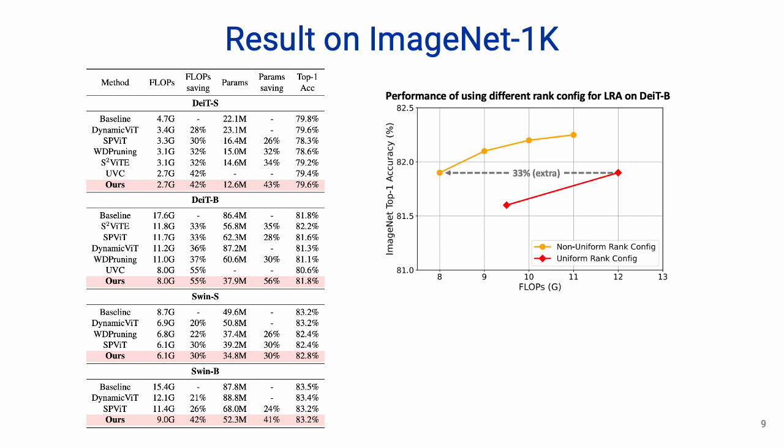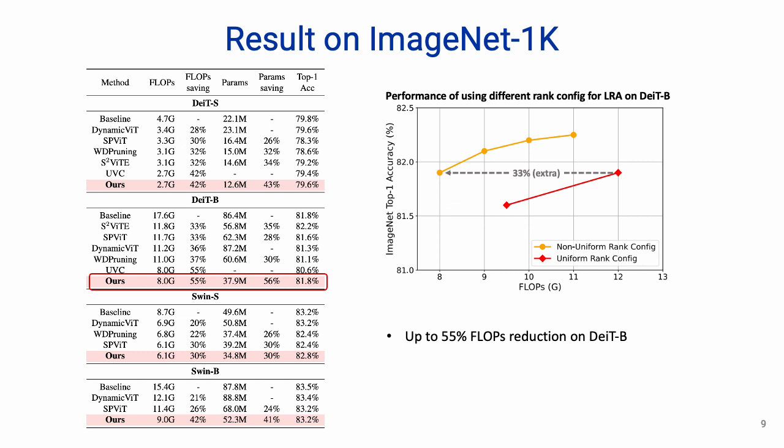Also, in the table on the left-hand side, we compare our FLORA methodology to various kinds of compression methods, including token pruning, structure pruning, and also multidimensional pruning, which jointly considers various kinds of compression targets in a transformer. From the table, we can see a comparable or even superior result of our proposed FLORA to the other compression techniques.